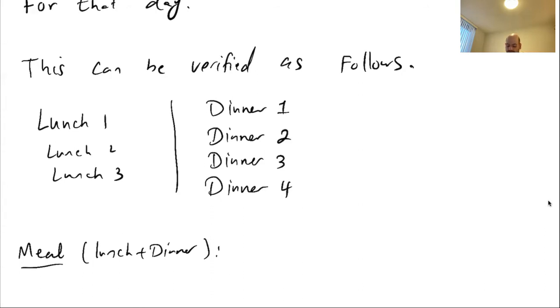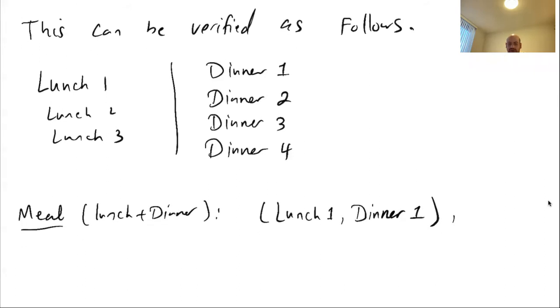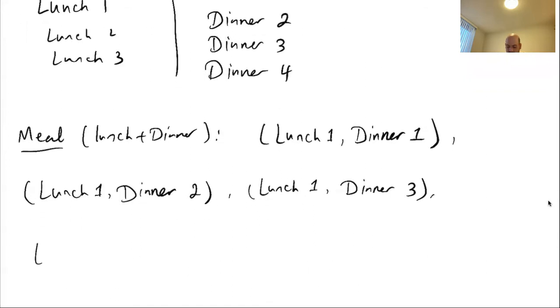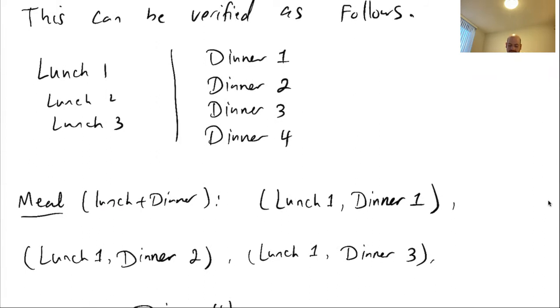So in total, I can choose lunch 1 with dinner 1. What else can I choose? I can choose lunch 1 with dinner 2, right? Lunch 1, dinner 3, lunch 1, dinner 4. So this is already 4 options, and I'm just choosing lunch 1 for these 4 options.